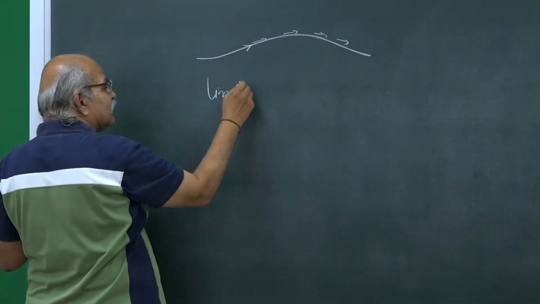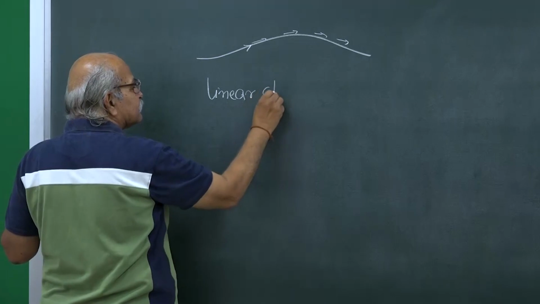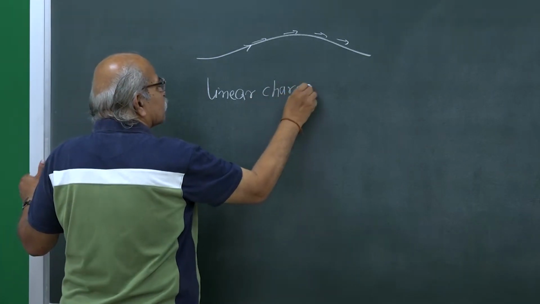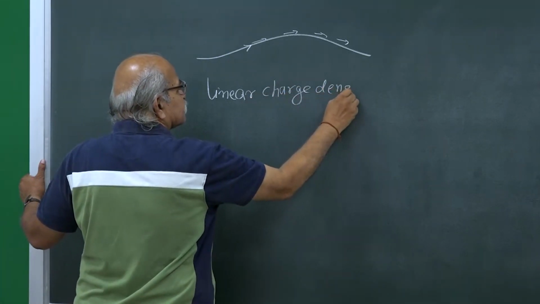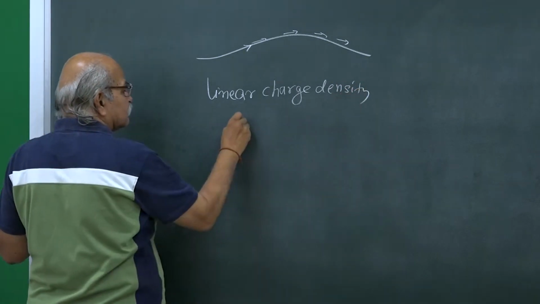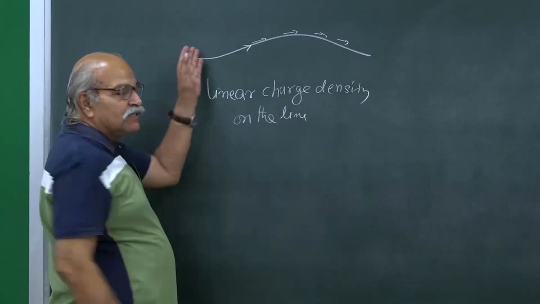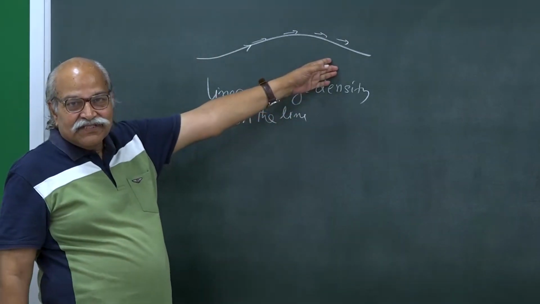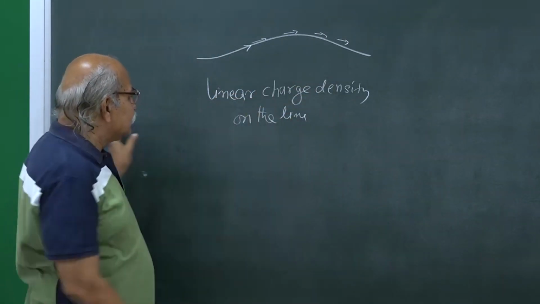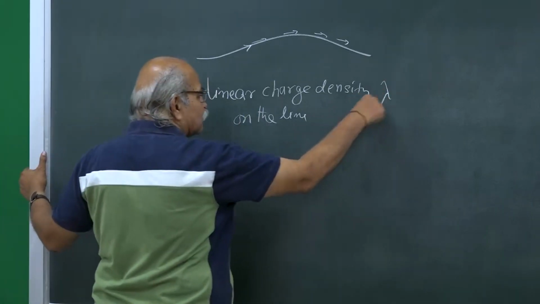So, suppose you have a linear charge density on the line on which this current is there. You have lambda, we write it lambda, and what is this?